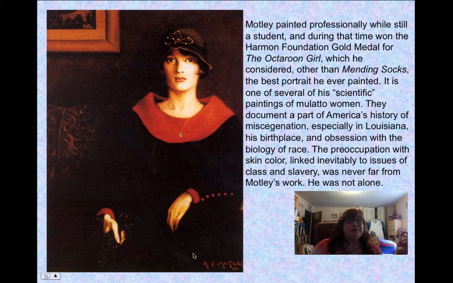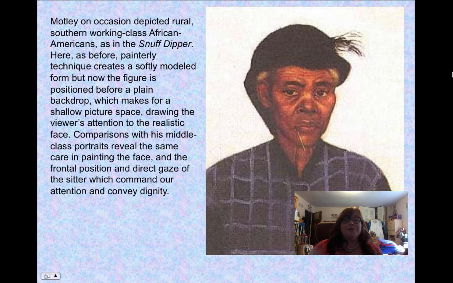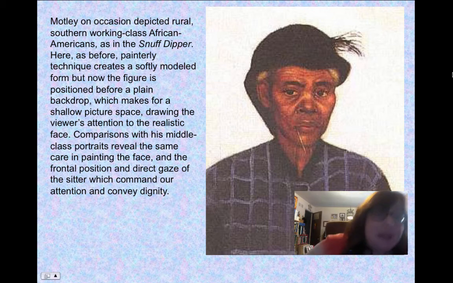She's obviously on some kind of fancy sofa, whereas the Snuff Dipper is very starkly contrasted against the white backdrop, which is actually very similar to a lot of paintings that were done in the Renaissance to highlight the sitter rather than the background. And basically he's showing the same details that he showed in his middle class portraits.